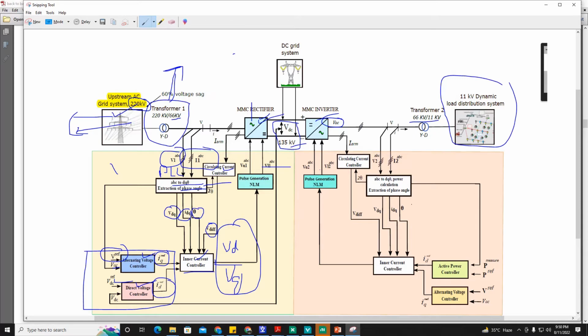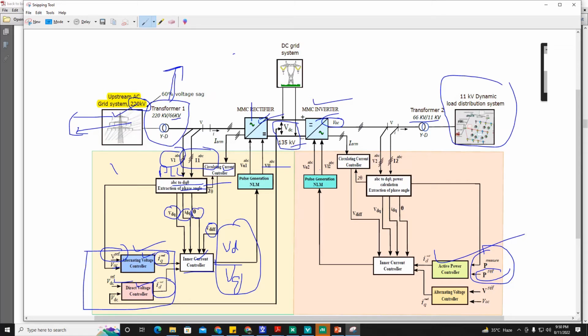In the same way, the inverter station is responsible for maintaining the active power, because in HVDC, whether point-to-point or back-to-back converter, one station is responsible for DC voltage control, and the other station is responsible for active power control. So this is responsible for active power control. P reference is given here.